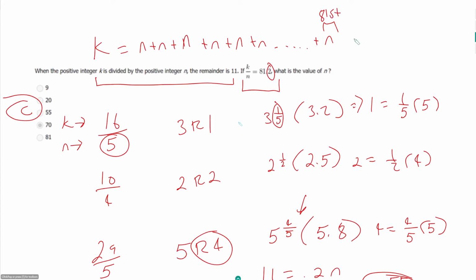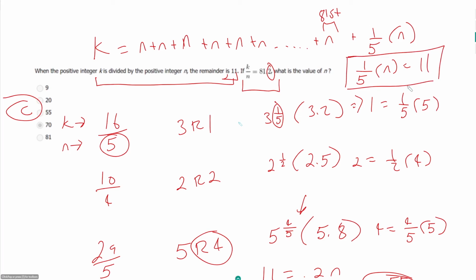But then I can't add another whole n. I can only add 1/5 of an n. And they're saying that 1/5 of an n is equal to 11. If you see that, that's really all it's saying, and this problem is a lot simpler. n is equal to 55.